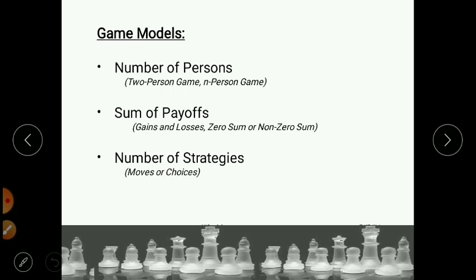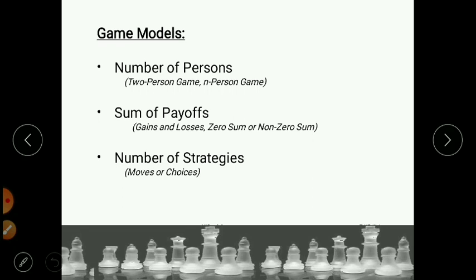there are three basic types of game models: number of persons, sum of payoff, and number of strategies. Now, in any given game, of course, there can be multiple players involved.